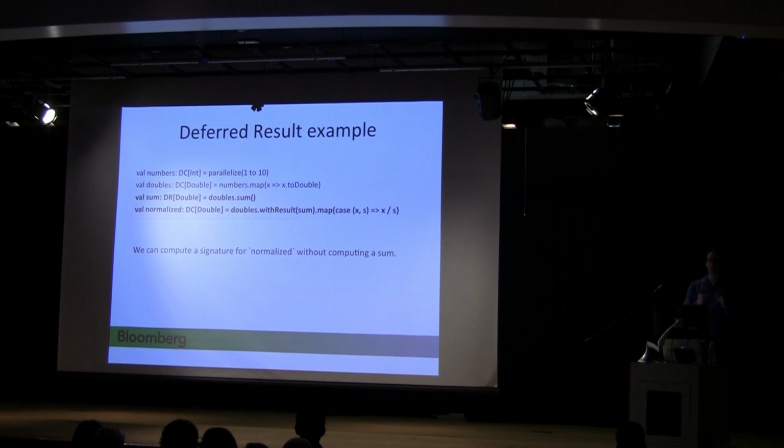We take the RDD of doubles, zip it with the result of our sum, and then map a function over it that takes in 2 arguments: the original element, and the result that we're zipping with it. And then we can define our function. This is entirely lazy because it doesn't have to use the sum until we actually want to get a result. So this means that we can checkpoint normalize, or anything that depends on normalize, and we don't have to recompute the sum every time in order to load a checkpoint from some later stage.